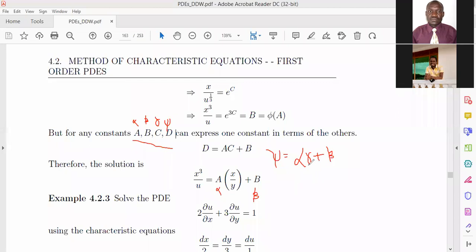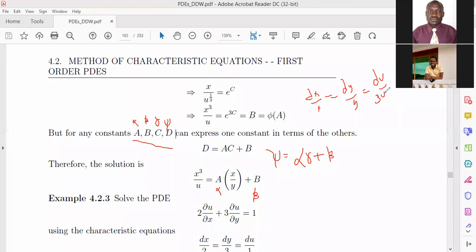So since we have these compositions, you have that psi, in the generic form. We have a dx over x, we have a dy over y, and we have a certain du over 3u.